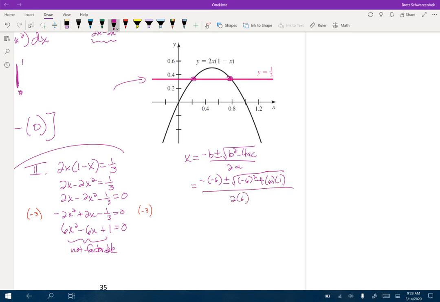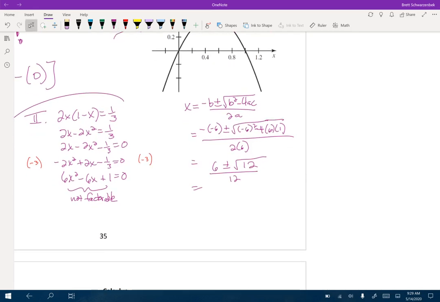We end up with positive 6 plus or minus the square root of 36 minus 24, which is 12, over 12. So the square root of 12 is the same as 2 root 3. So we can simplify that further and get 3 plus or minus root 3 over 6.